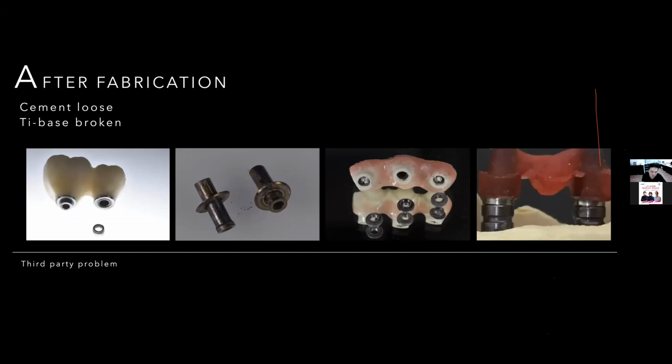They can be very weak and too thin. So when the case is finished and the patient has had it in the mouth for maybe 2 years, we can see this third-party Ti-base is broken. Maybe it looks fine, but you can see the platform and the tube of this third-party Ti-base are split.